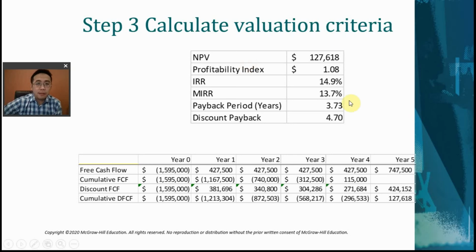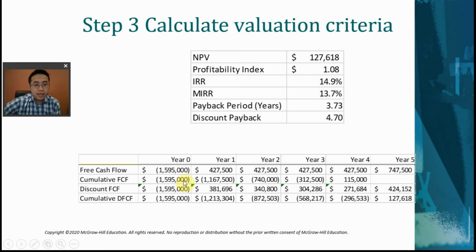So the next slide basically shows you the result of our capital budgeting. So you see net present value, profitability index, all of them are here. It is worth mentioning that to calculate payback period and discounted payback in years, you have to take an additional step. You need to find the cumulative free cash flow at the year end. So you will tell whether it's running a deficit or running a surplus at the end of the year, from year 0 all the way to year 4, year 5.